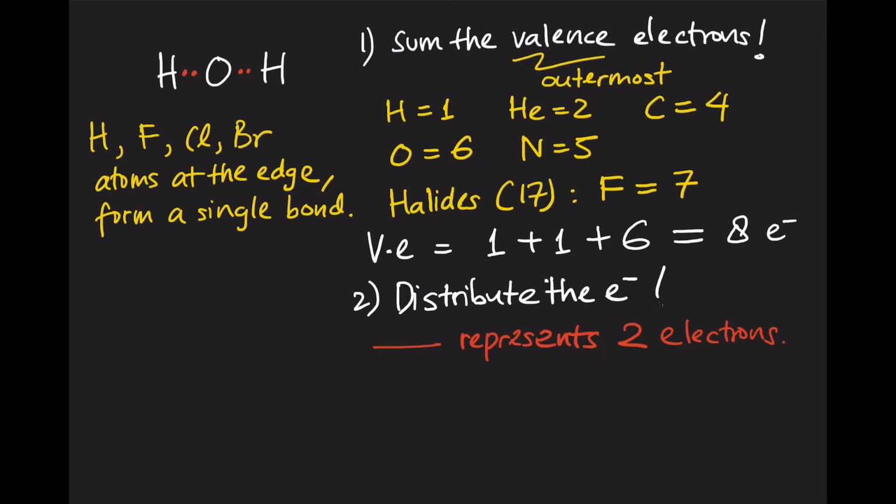By remembering this rule, we know that there is no way to put more electrons between these atoms, because hydrogen, chlorine, and also bromine are normally atoms at the edge of the structure, and they only form a single bond, meaning that we can only put one line, which represents 2 electrons.